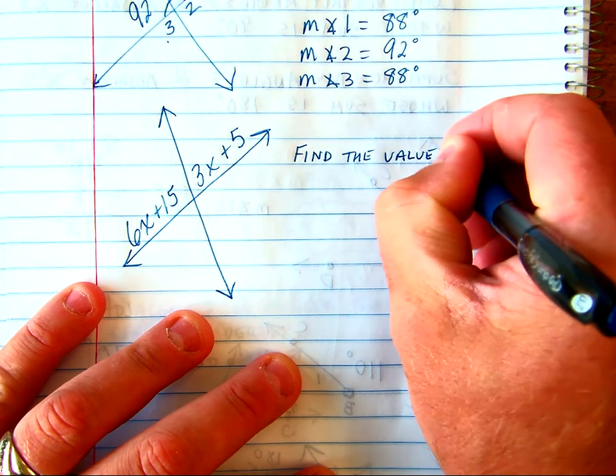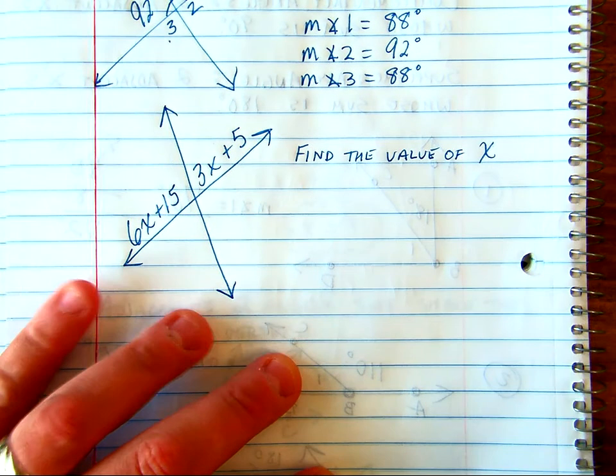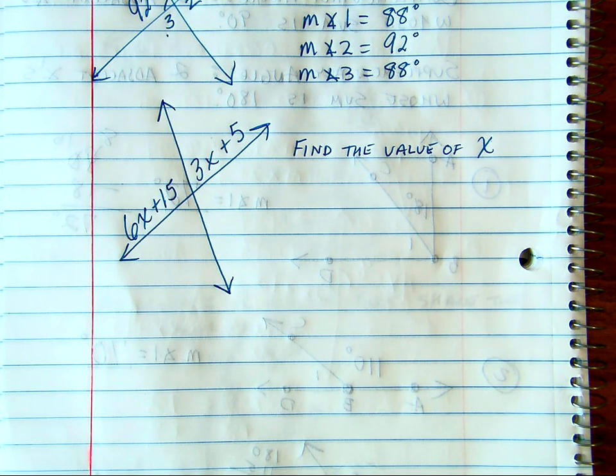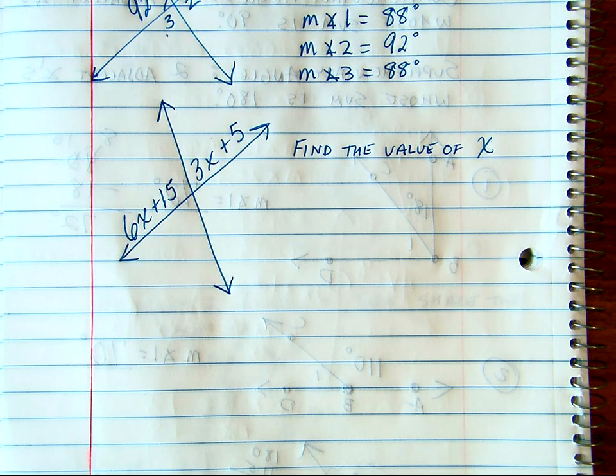What numerical value does x possess? Now, the first question I'm going to ask you is this. Am I going to set these two expressions equal to one another? No. And let me tell you why.